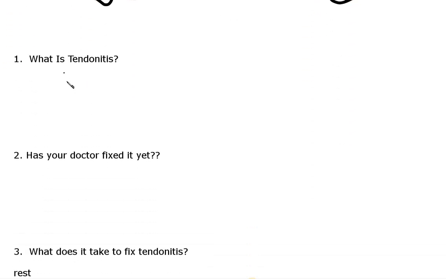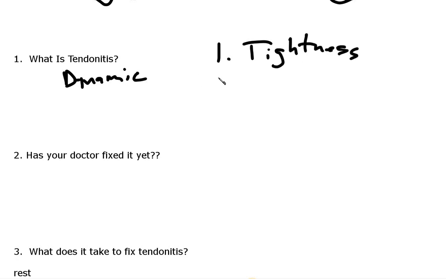As I will say one more time, tendonitis is a dynamic. It's made up of multiple factors, primarily three factors, which is muscle and connective tissue tightness, inflammation process, and nutritional insufficiency.